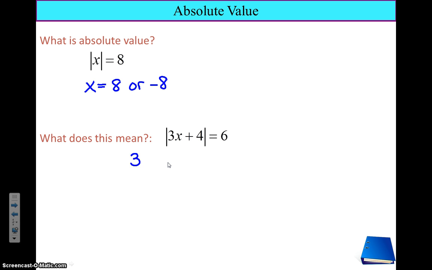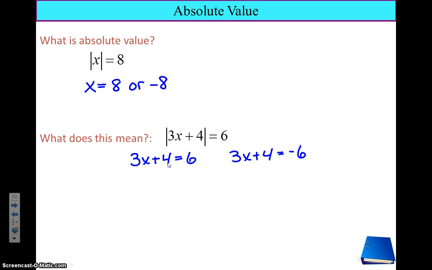And so what I'm trying to do here is figure out how can this expression of 3x plus 4 that's inside my absolute value equal either the 6, or how can this expression of 3x plus 4 that's inside the absolute value equal negative 6? Because if it's equal to either of those two things, then its distance away from 0 is 6.